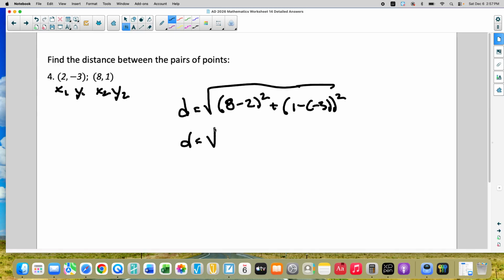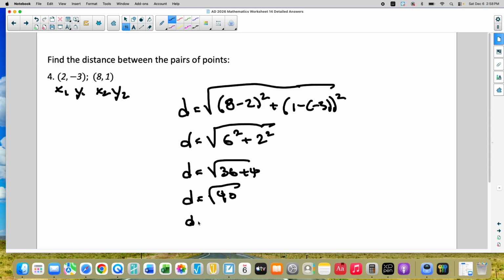Distance is going to equal 6 squared plus 2 squared. Distance equals 36 plus 4. Distance equals the square root of 40. Distance equals 2 rad 10. I can simplify rad 40 really quick. Rad 4, rad 10, 2 rad 10. We should simplify it. Don't know if they want a decimal value.